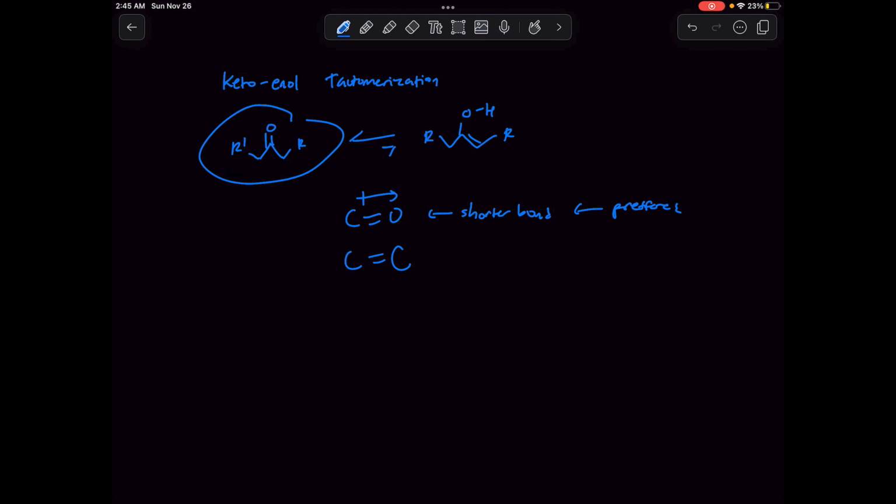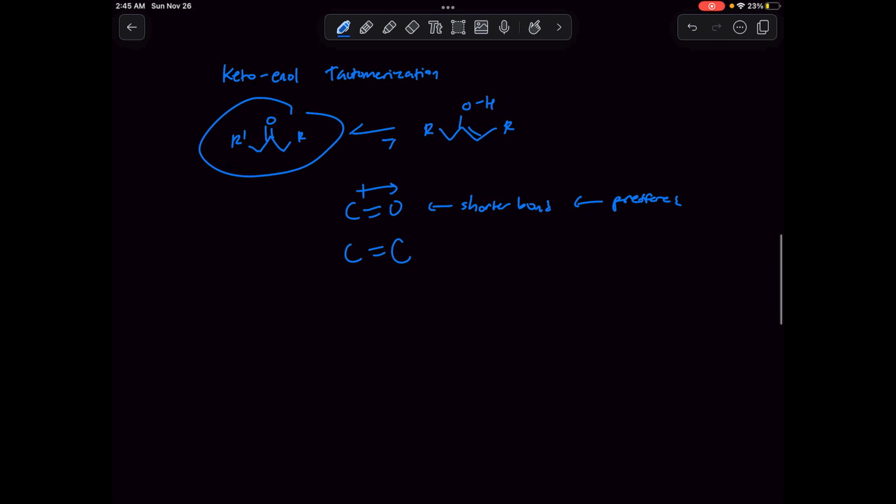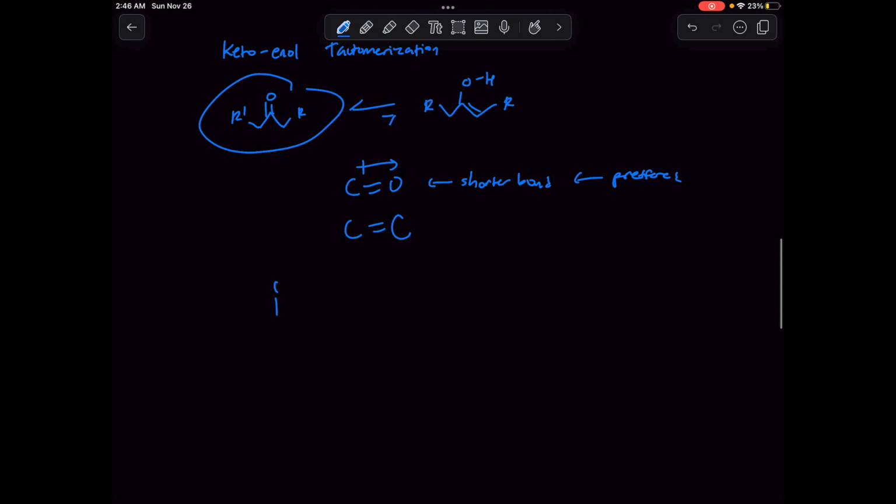And let's draw the mechanism of keto-enol tautomerization to indicate how the enol form can result in the keto form. And so we're going to have the enol here. And let's say that there's water in the environment, and because there's water, that also means that there's hydronium and hydroxide ions because of the fact that water, hydronium, and hydroxide are all in equilibrium.